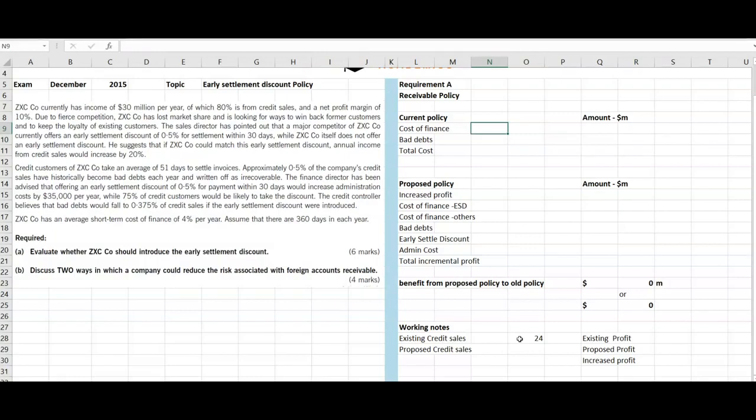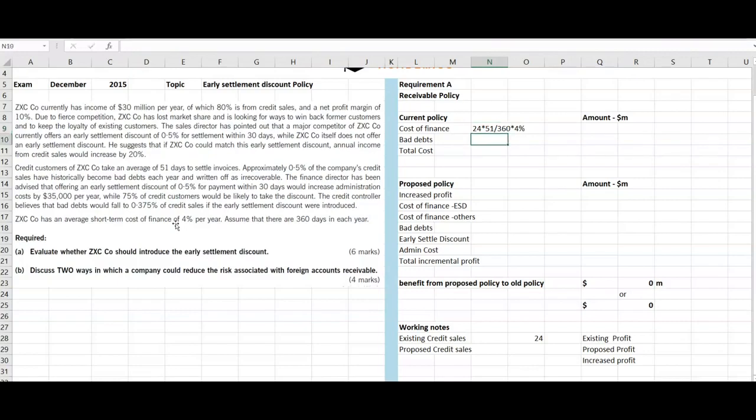We have 24 million of credit sales, and this is going to be in receivable terms. Receivables is going to be 51 days over 360 days in the year. So this will give our receivable. Multiply this with the cost of finance. The cost of finance is 4%. So this will give us our cost of finance.